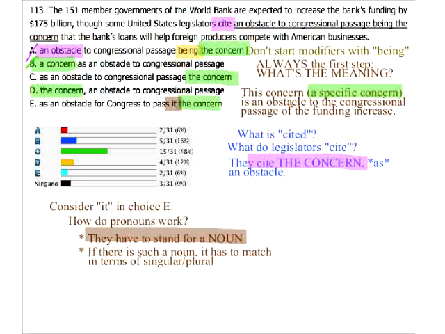Let's address that issue. What is the it in this sentence? In other words, what is Congress supposed to pass? So what is supposed to be passed?